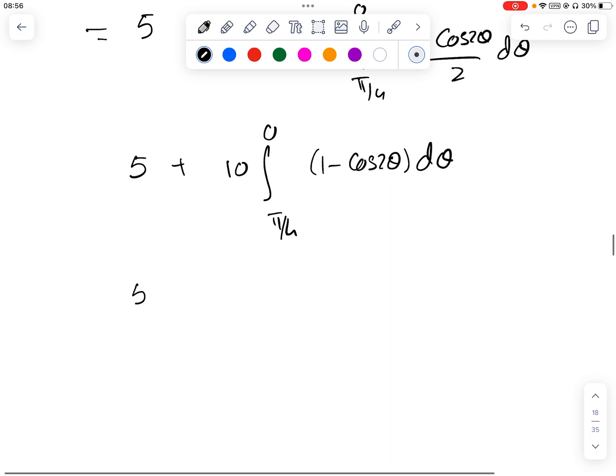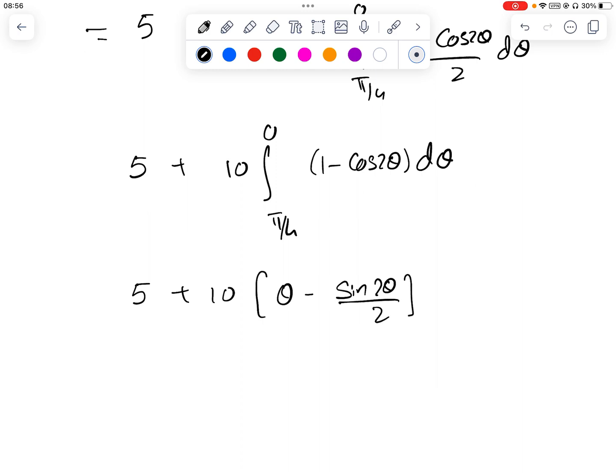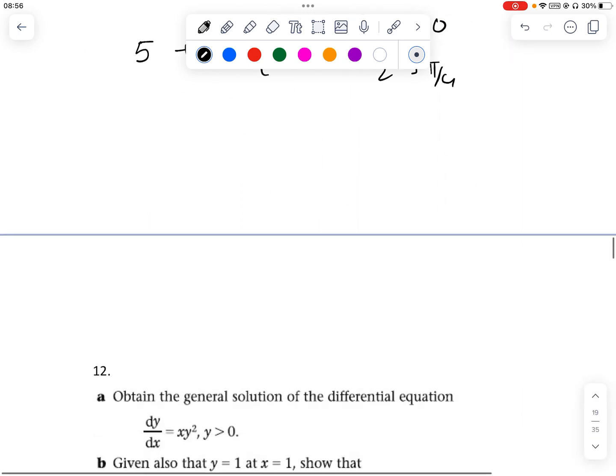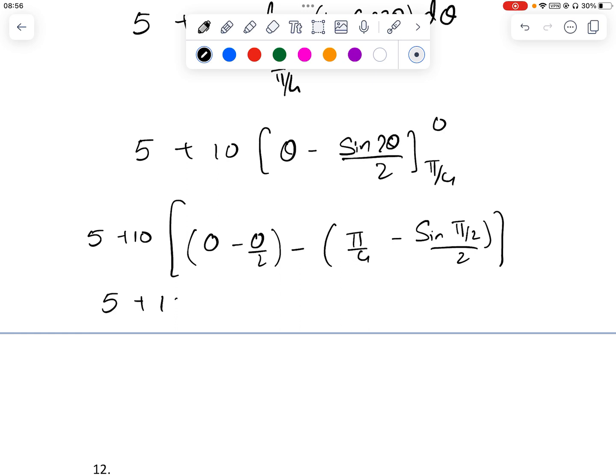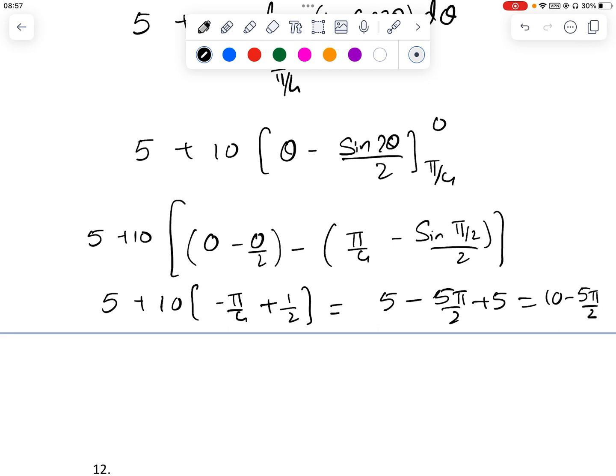The integral of 1 is theta, the integral of cos 2 theta is sin 2 theta upon 2. Apply the limits: upper limit 0 minus sin 0 by 2, which is 0, then minus pi by 4 minus sin 2 times pi by 4, which is sin pi by 2, by 2. So 5 plus 10 times minus pi upon 4 plus 1 upon 2. So it becomes 5 minus 5 pi by 2 plus 5, which is 10 minus 5 pi by 2. That's going to be the answer.